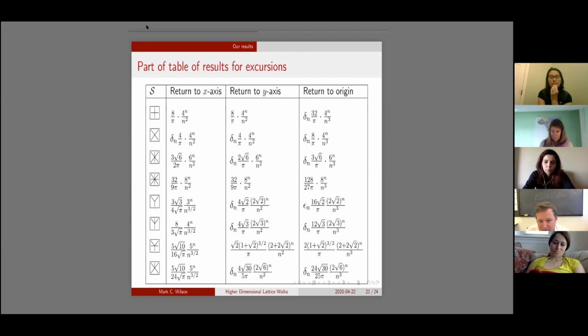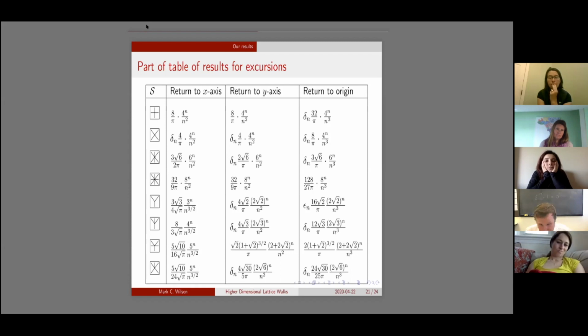These numbers, delta_n and epsilon_n, are just parity-related numbers, like the Kronecker delta: delta is 1 if n is even and 0 if it's odd, that kind of thing for the periodicity. It's actually instructive to study this if you have time and see the difference between this and the walks that are not constrained to return in that way.